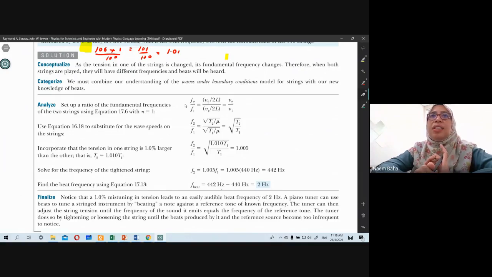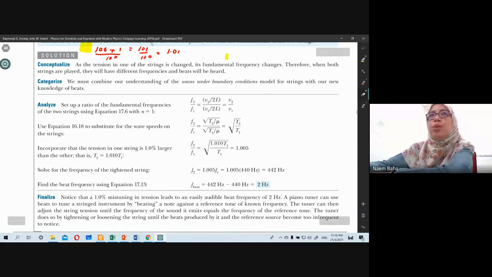So there's a tendency for you to get lost along the way. So what you can do is divide the equations of frequency. Remember that frequency is v over 2L. Since it's the same length, the 2L can now be cancelled out, leaving only v divided by v.